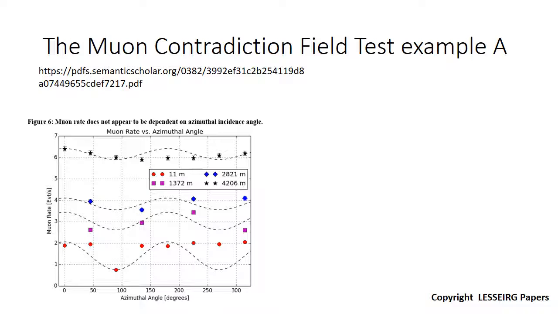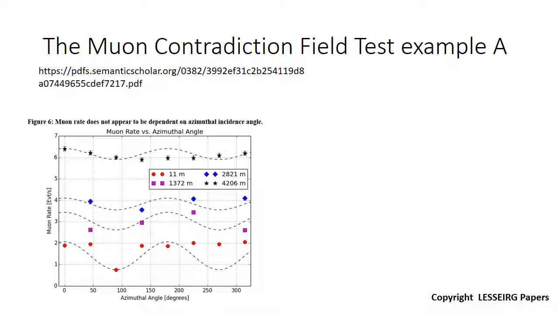Basically, I'm just going to jump ahead a little bit here. You typically see at sea level about 1/3 of the counts that you see at around 4,000 meters. As you can see here, at 4,000 meters they have a count of about 6 muons per second, and at sea level about 2.